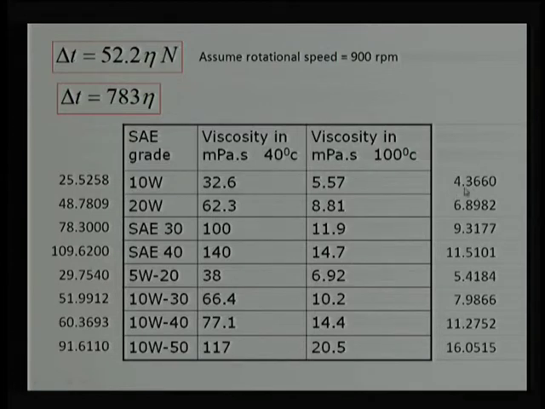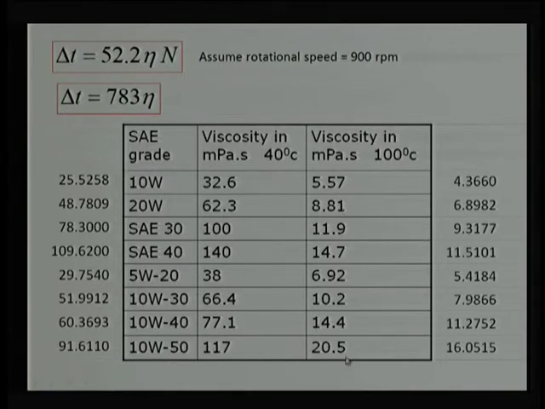To compare this 4.4° centigrade with the 25.5° centigrade, keeping everything else the same, all geometry parameters, rotational speed and everything, with this viscosity the temperature rise is this much, with this viscosity the temperature rise is this much, all other parameters remaining the same, and that can also be judged from this relation.